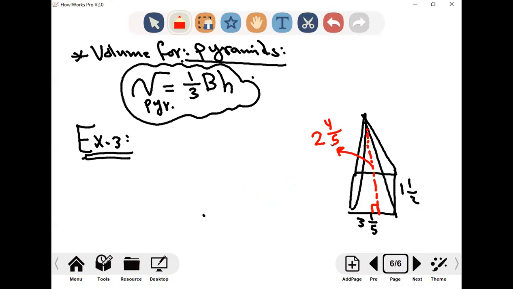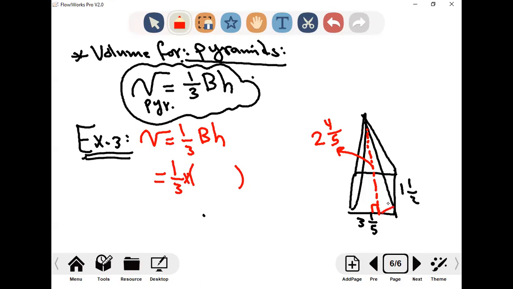Now, is this a pyramid or a prism? Pyramid. What's the formula of the pyramid? V equals 1 over 3 big B H equals 1 over 3. The big B means the base area, right? What's the base?